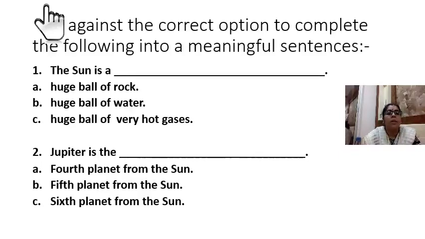B option is given, huge ball of water, huge ball of very hot gases. Which is the correct option, children? C, right? C is the correct option. So what you have to do? You have to click on C.